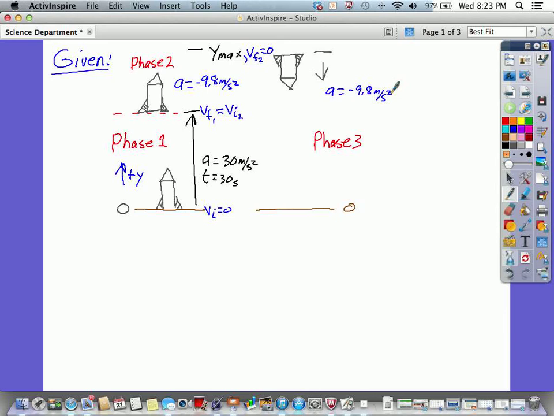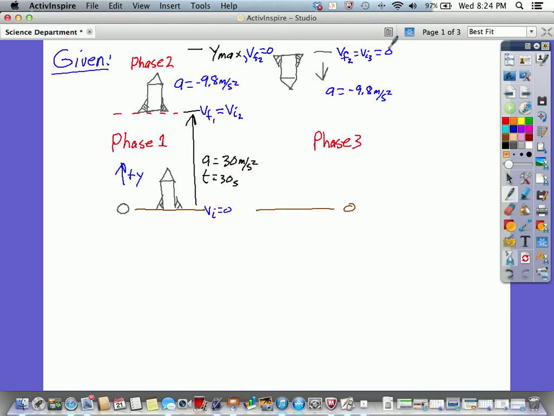It's just the effect of gravity, that acceleration due to gravity. We also know over here at phase 3 that the final velocity at 2 is going to be my initial velocity at 3, and we know that those are 0.